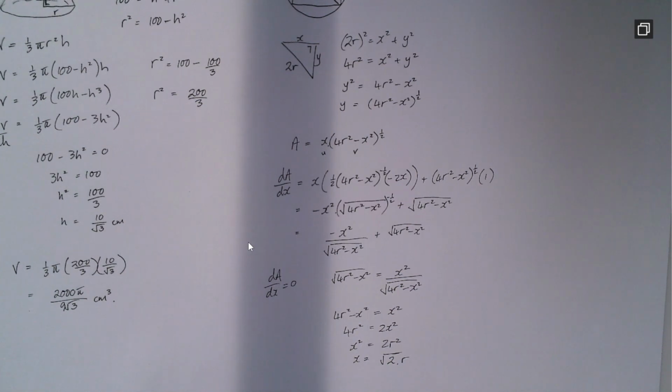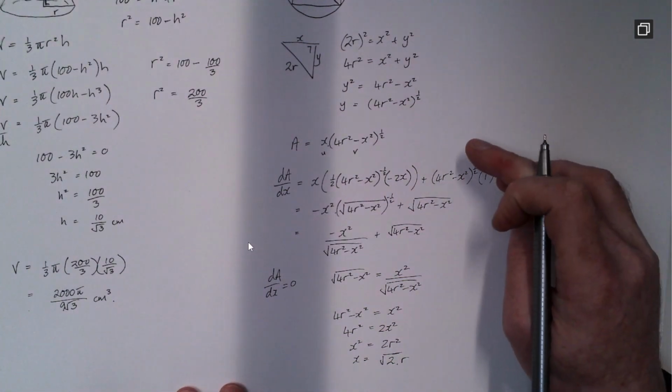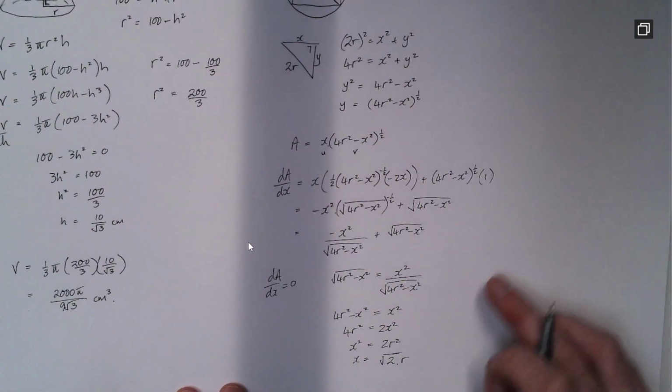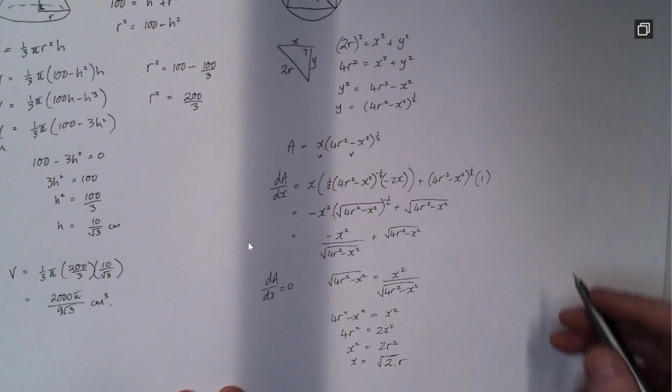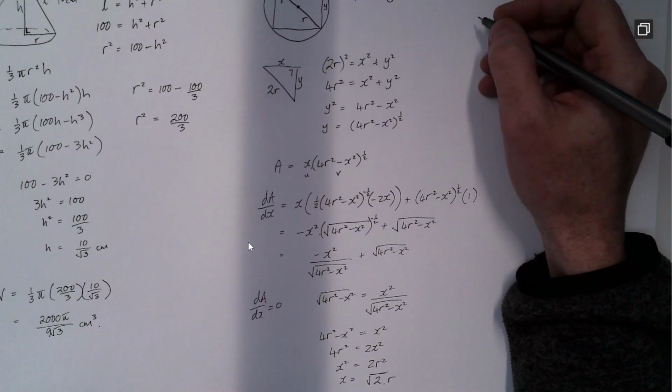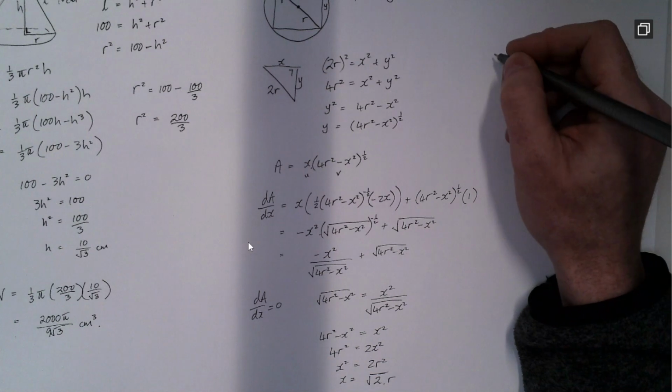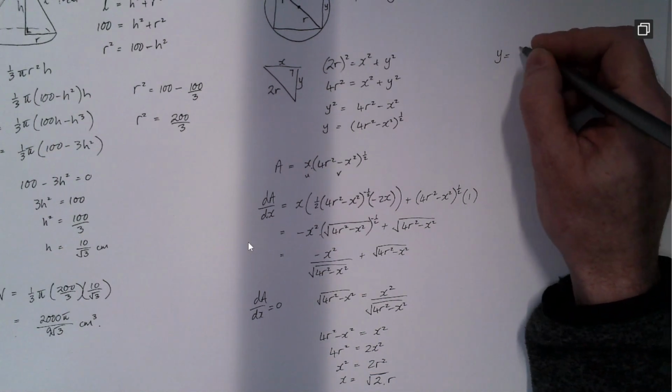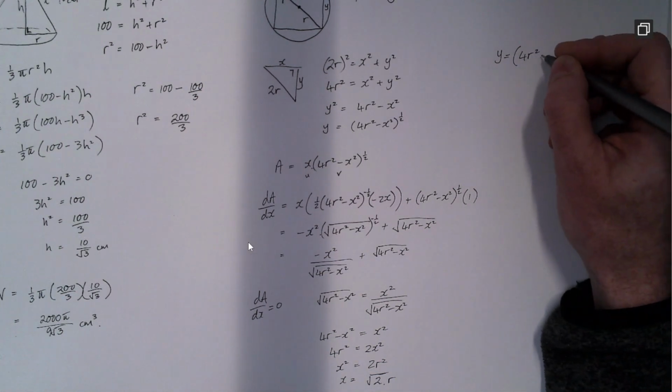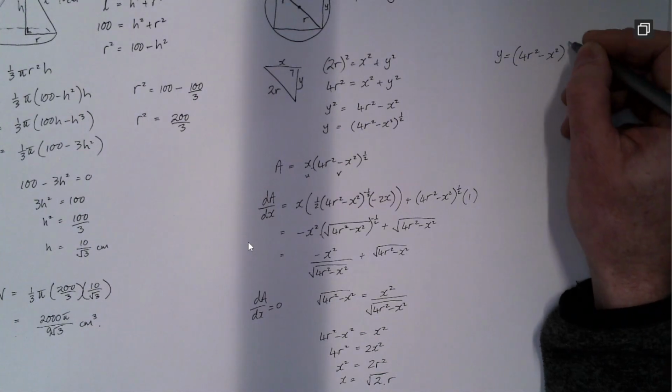Now substitute back into the formula and solve for y. So y equals the square root of 4r squared minus x squared, to the power of half.